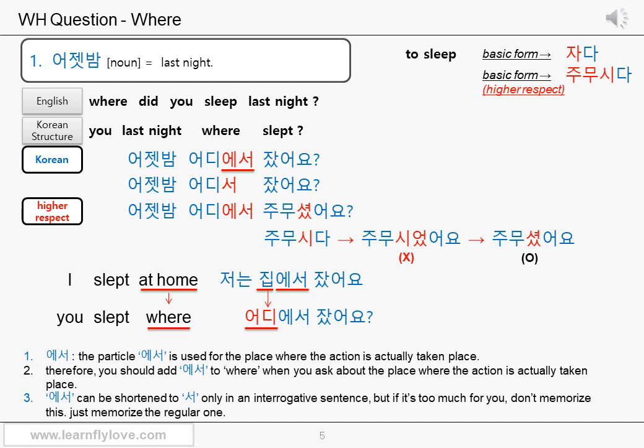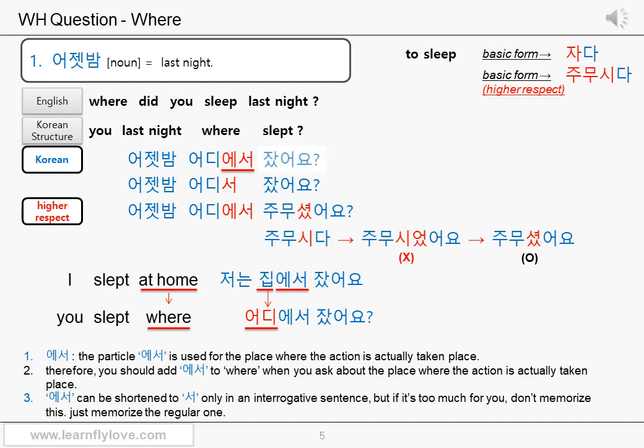It's mainly because 어디 also indicates the place. So it sounds alright even though we get rid of the most basic location particle 에. But 에서 contains extra information that 에 doesn't have. 에서 tells us the place where the action actually takes place. So if we get rid of the particle 에서, we lose the extra information that is included in the sentence. Make sense to you? Okay, great.